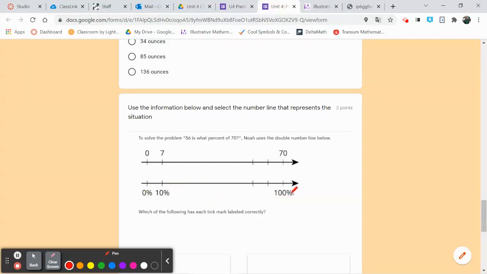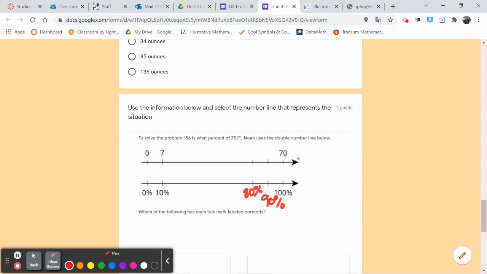So when I look at the percent, each tick goes up by 10. When I go back here, I've got 100. If I subtract 10, that leaves me with 90% at that tick. And 90 subtracted by 10 leaves me with 80% at that tick. Now, what are they counting by on the top? They're counting by sevens.